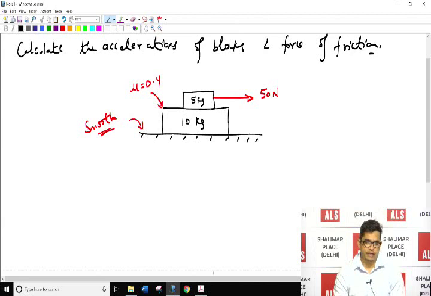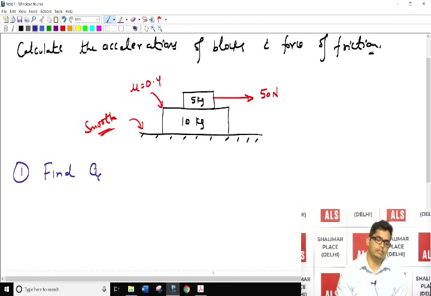Now the first step is to find the common acceleration AC. Tell me, what is the answer?